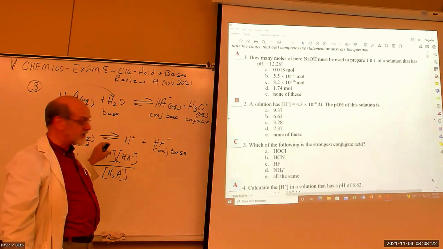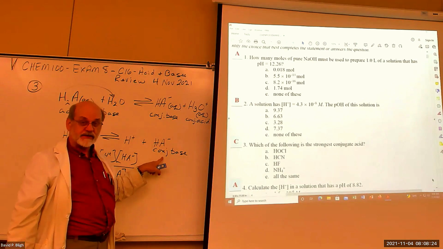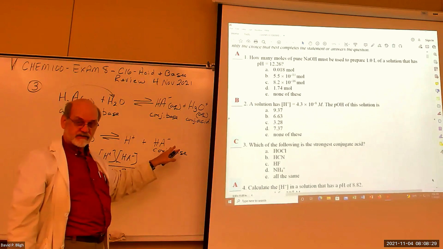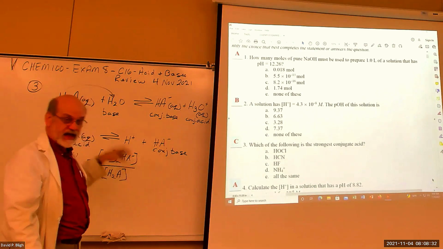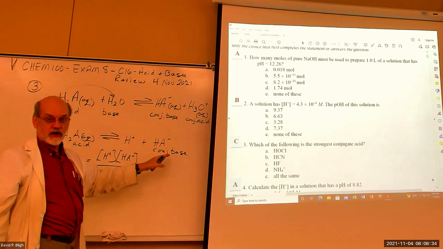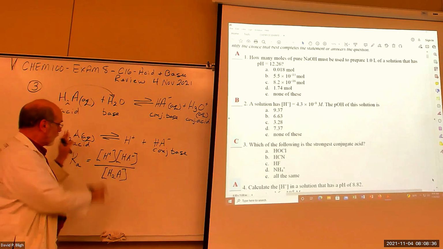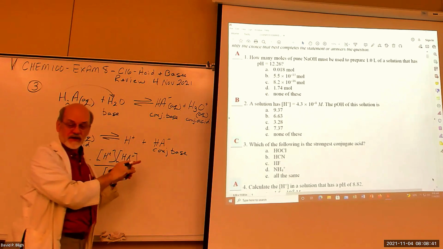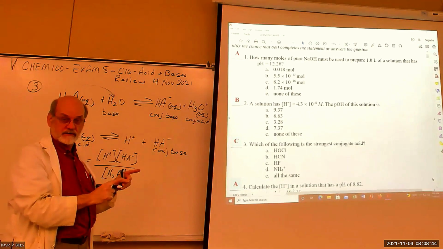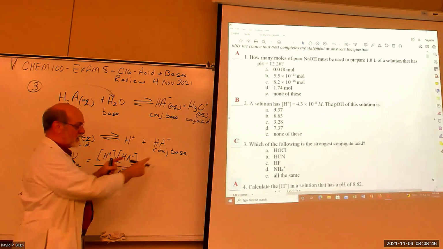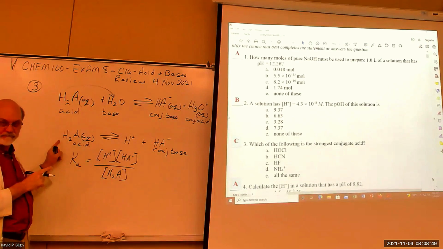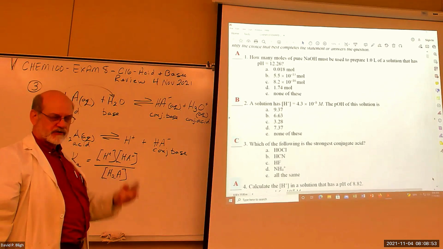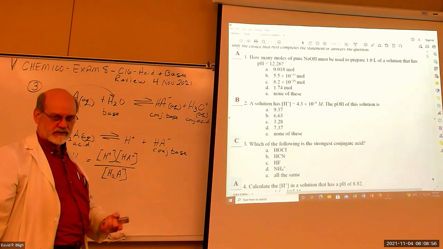If that's a strong acid, then it's all the way over here, and this is a weak base. So strong acids produce weak conjugate bases. And weak acids produce strong conjugate bases. Because the equilibrium wants to be over here, that means this conjugate base is looking for protons. And if it can find them, it'll take them and produce this species.